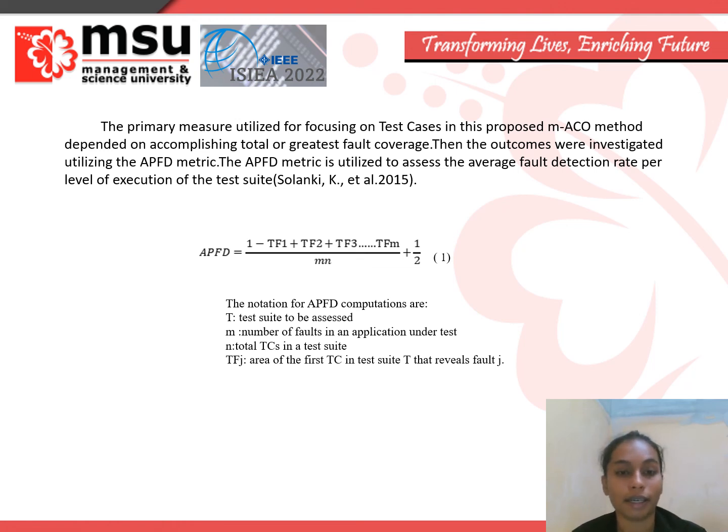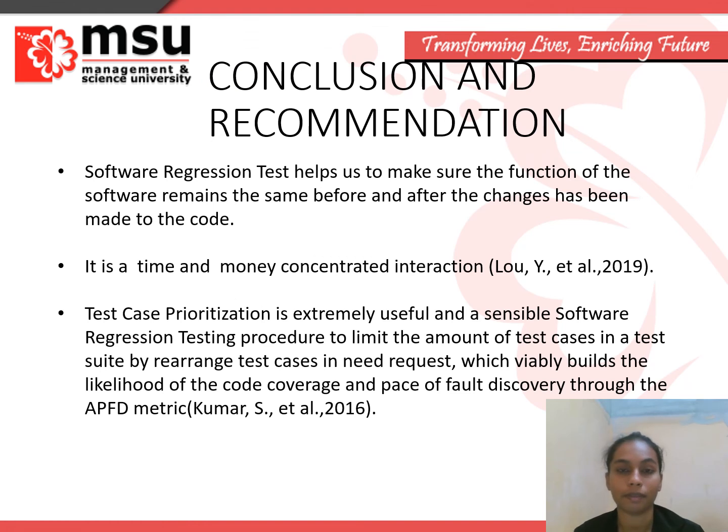Here we can see the notation of the APFD computation: T equals the test suite to be assessed, m is the number of faults in the application under test, n is the total number of test cases in the test suite, and TFj is the position of the first test case in test suite T that reveals fault j.